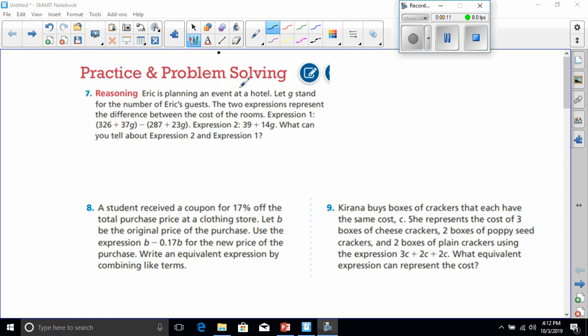Eric is planning an event at a hotel. Let G stand for the number of Eric's guests. The two expressions represent the difference between the cost of the rooms.